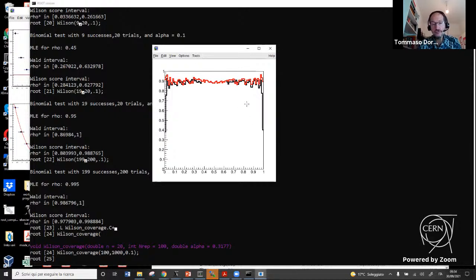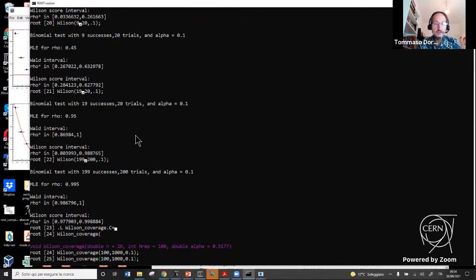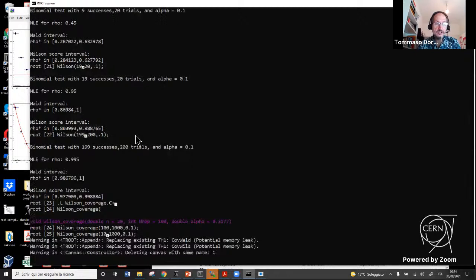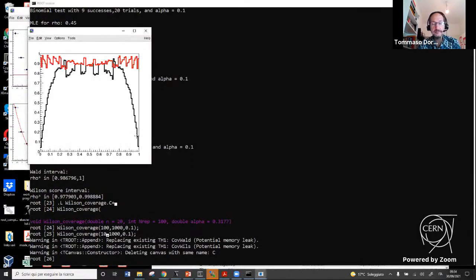And this is due to the fact that the Wald interval collapses to 0 width when the number of successes is 0 or is equal to the number of trials. While the Wilson interval does a good job in all of the spectrum. You can try for a smaller number of trials, and you will see that the effect becomes more dramatic.